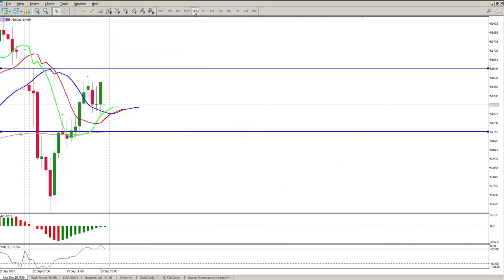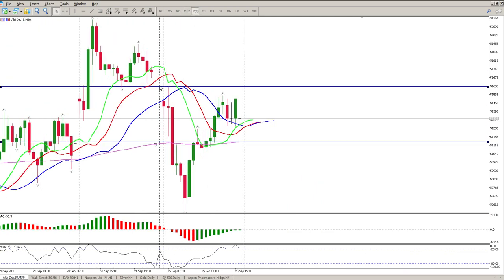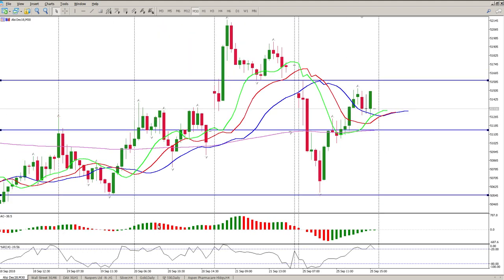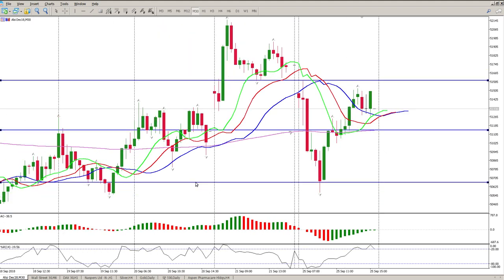So for me, we had an indecision bar, that first hour of trading yesterday, there was no clear direction as to what's going on. So I tend to rather wait for the levels. Okay, and the level that was very clearly open was this one here, where you had two.